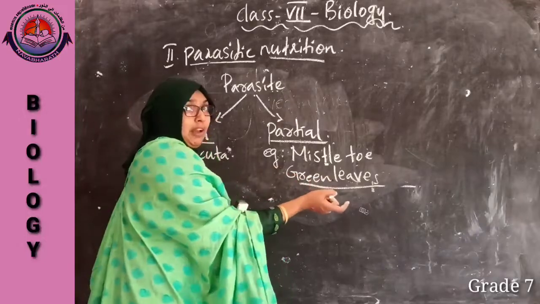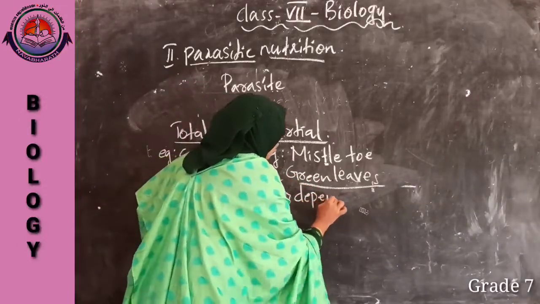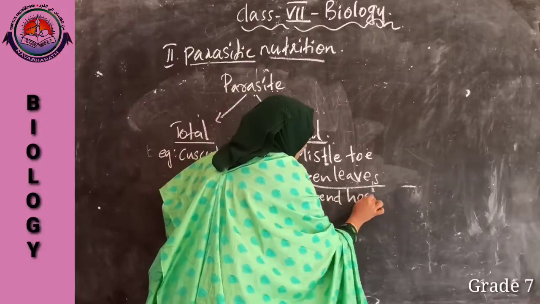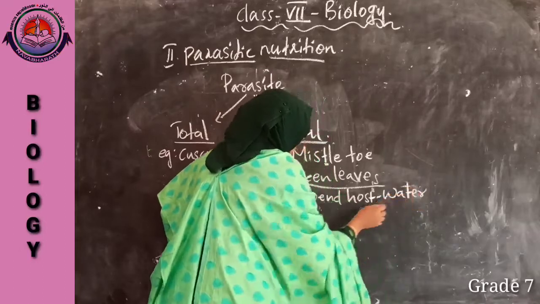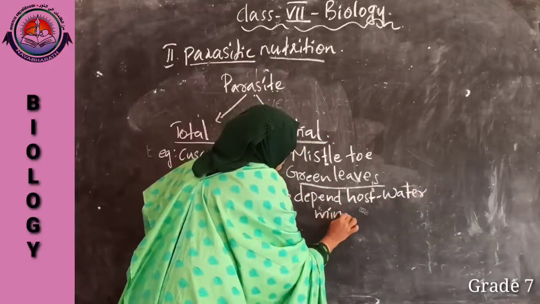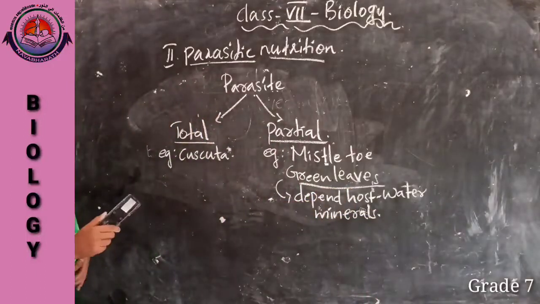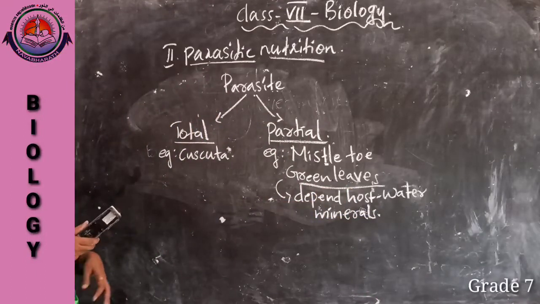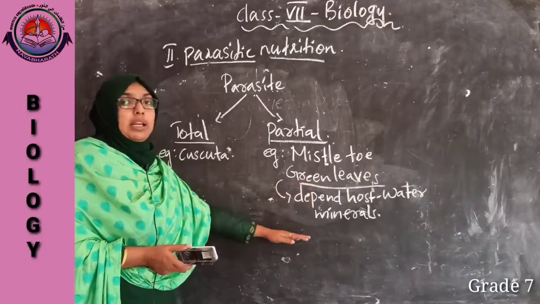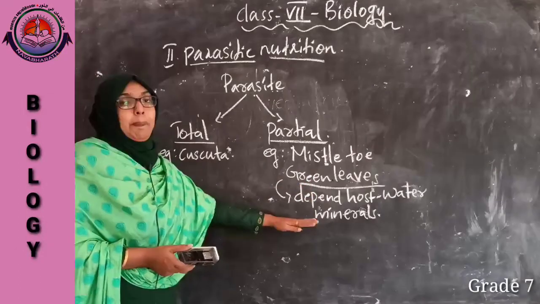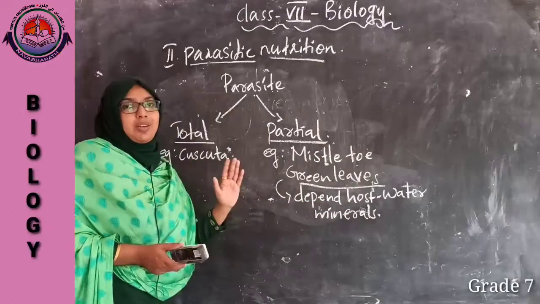They can prepare food, but they depend upon the host for water and minerals. Clear? They can prepare food, but water and minerals they have to get from the host.